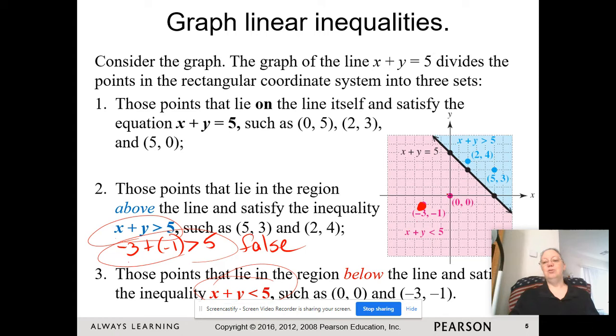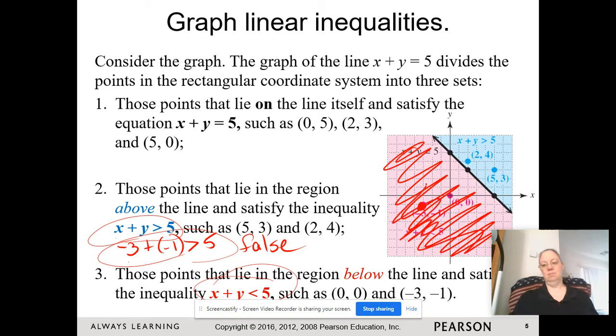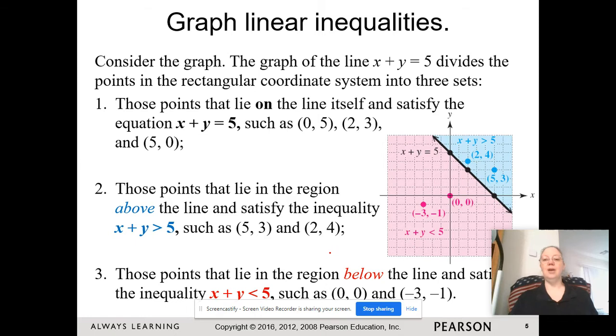So if we need to graph x plus y is less than 5, we would shade all of these points, because everything on this side of the line will satisfy this inequality. One more time, it's the shading that makes it an inequality.